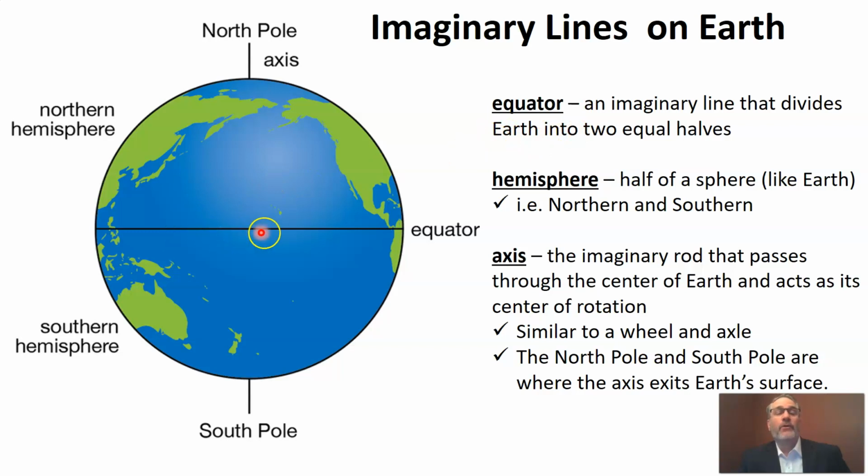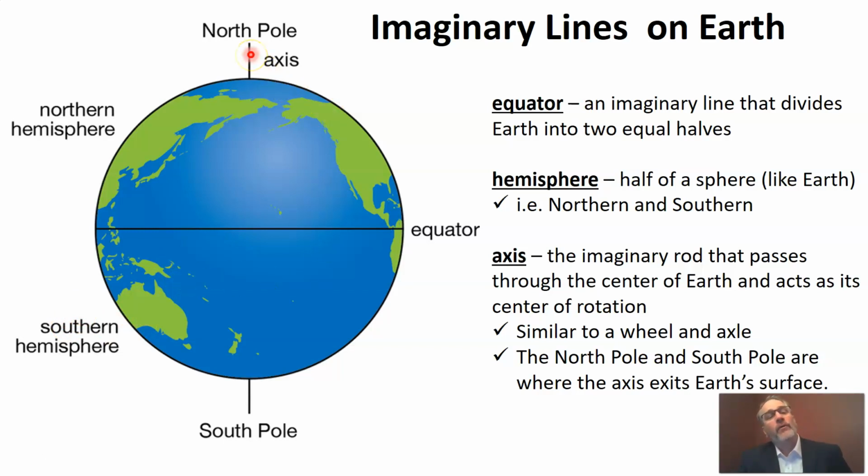So we find the equator here in the middle. The equator divides Earth in half, and the two halves that it creates are hemispheres. Hemi means half, half of a sphere. So we have the upper half and the lower half. The upper half, or the northern half, we call the northern hemisphere, and the lower half, if we go south of the equator, we call the southern hemisphere.